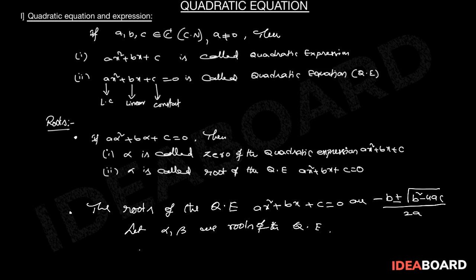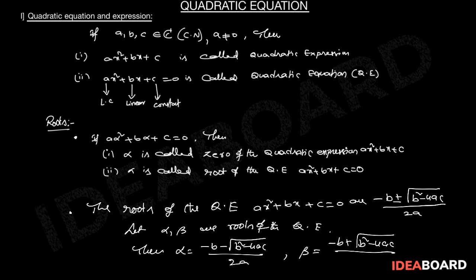Then alpha equal to minus b minus square root of b square minus 4ac by 2a, beta equal to minus b plus square root of b square minus 4ac by 2a. Here b square minus 4ac is called the discriminant. It is denoted by delta. Delta equal to b square minus 4ac.